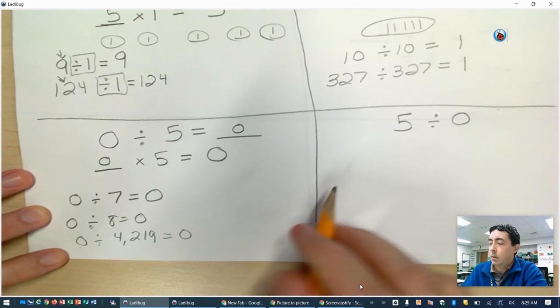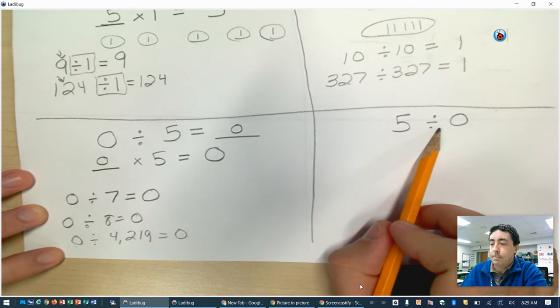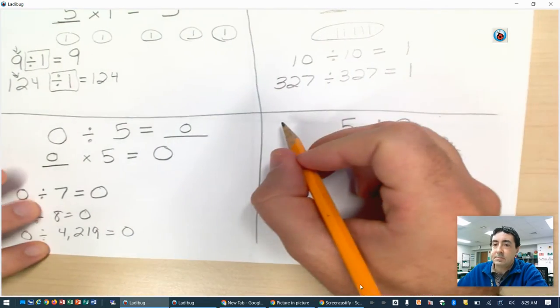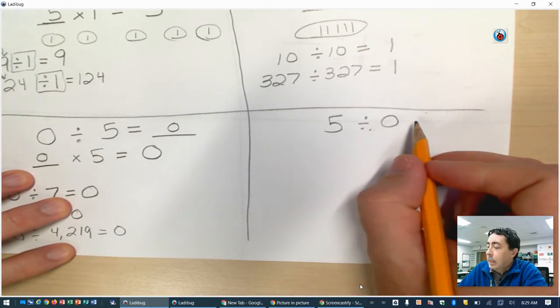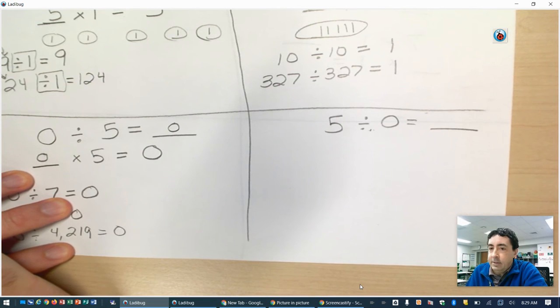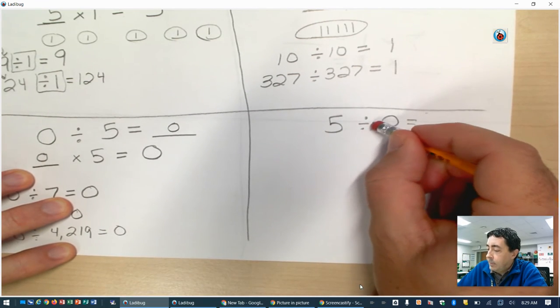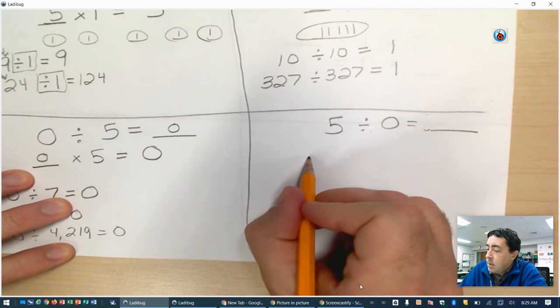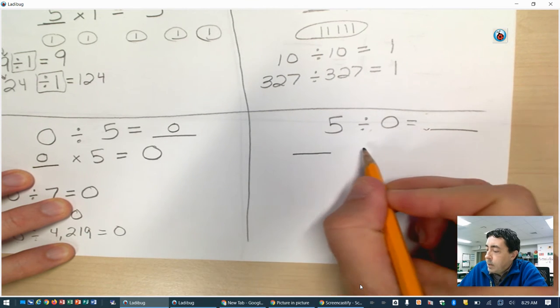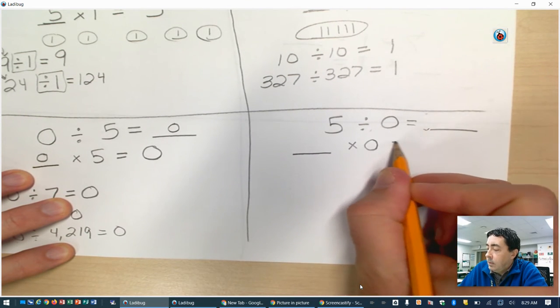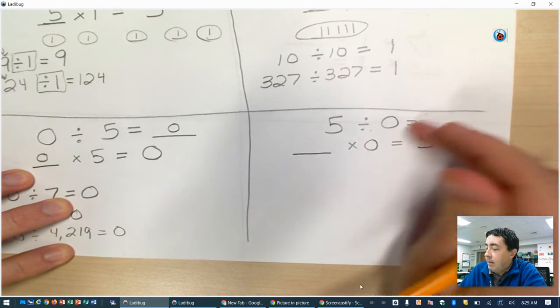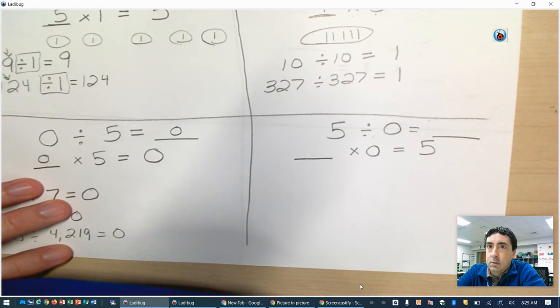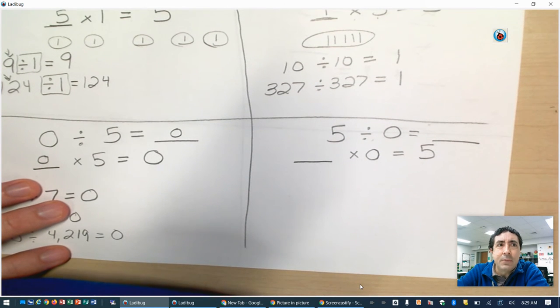Okay. But what about this problem here? This, I told you, is a special one. Let's look at this by flipping it over first using the fact family. So I have what number times 0 equals 5? Is there any number in the world that I can multiply by a 0 to get a 5?